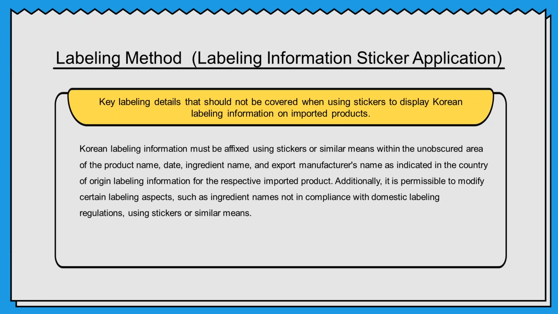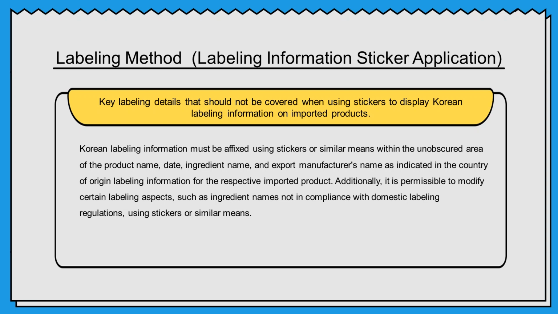This is the labeling information sticker application. When applying a Korean sticker to imported products, the product name, date, ingredient name, and country of origin labeling information should not be covered. However, it is permissible to modify certain labeling aspects, such as ingredient names not in compliance with domestic regulations, using stickers or similar means.